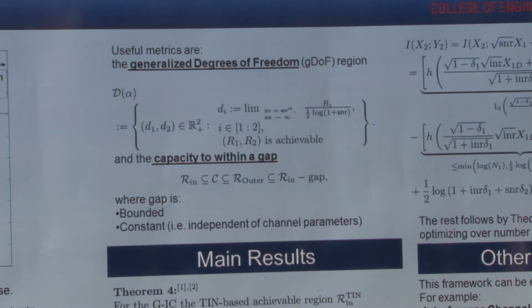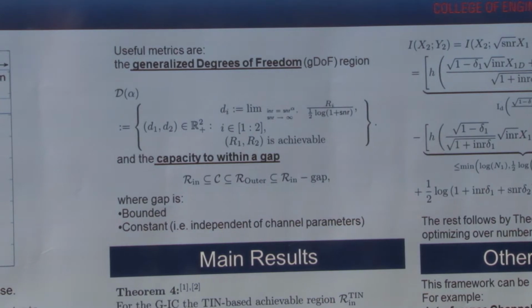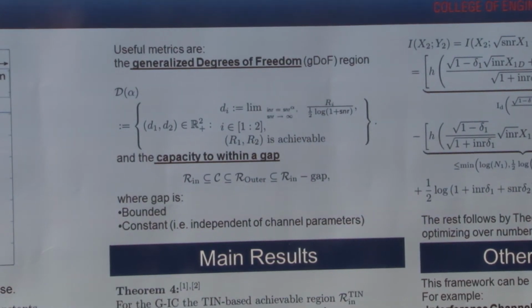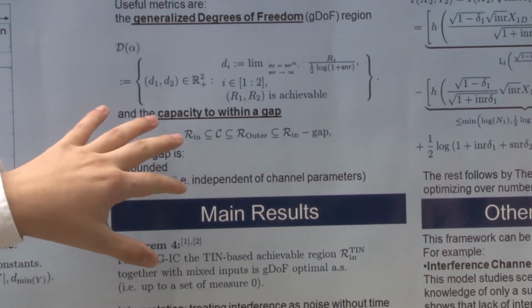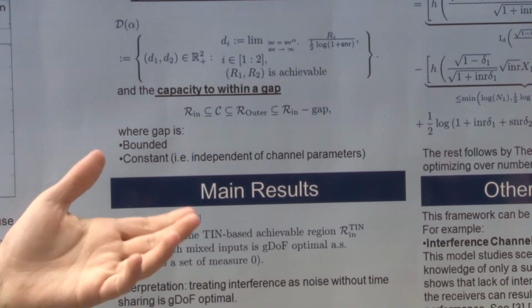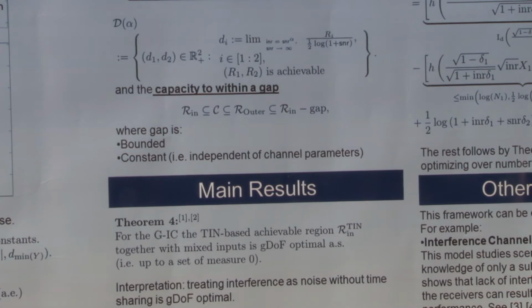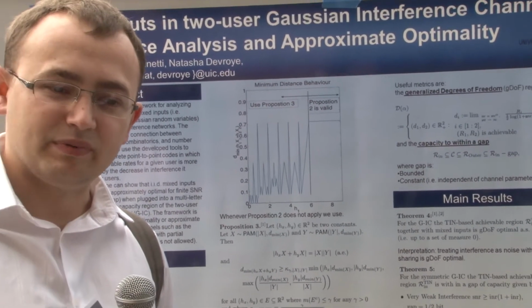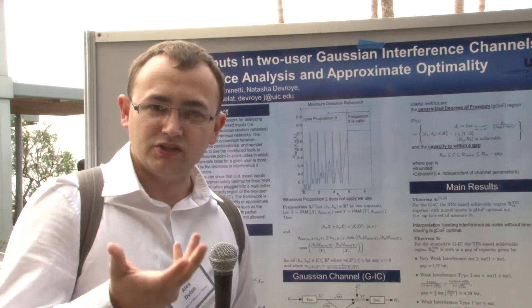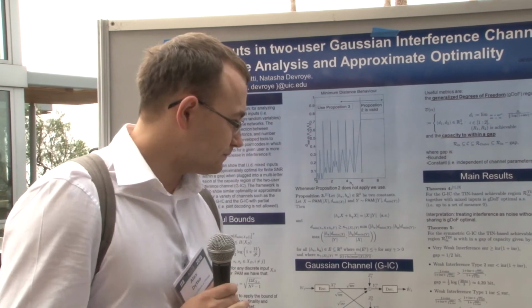If alpha is less than 1, the interference is weak; if alpha is bigger than 1, the interference is strong. Another metric is capacity within a constant gap. We will show that this inner bound is within some constant of the best known outer bound, and that gap is independent of power and channel parameters, so it's a universal gap.